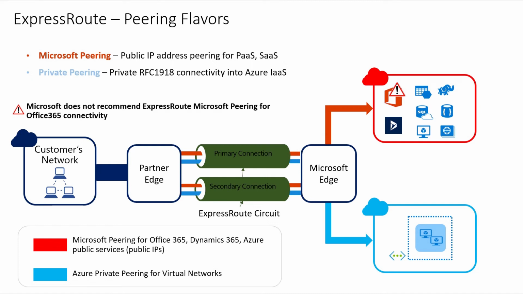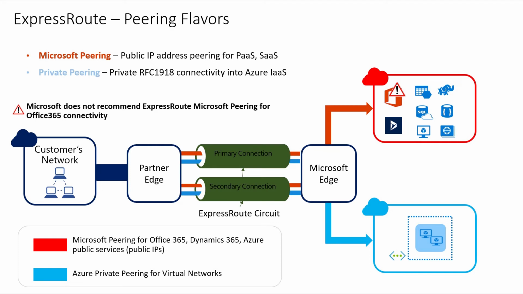Let's talk about Microsoft peering. Microsoft peering helps you connect to Microsoft SaaS services like Office 365 and Dynamics 365, and that too over public IP address space.